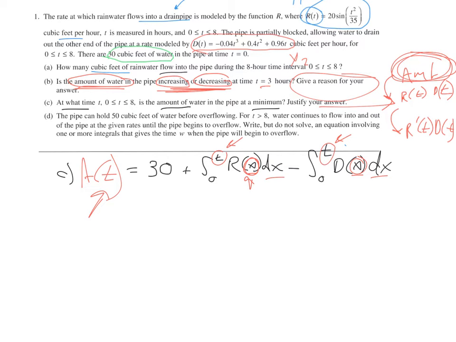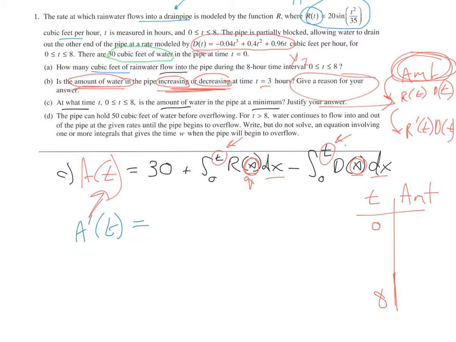Now, where does a minimum occur? Well, if this is the time and this is the amount of water, a minimum can occur at the two endpoints, so at 0 or 8, or anywhere where the derivative equals 0, we have a critical number. Critical numbers, maxes and mins occur at critical numbers. So what I'm trying to find then is the derivative of this.